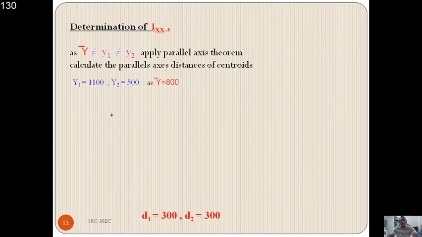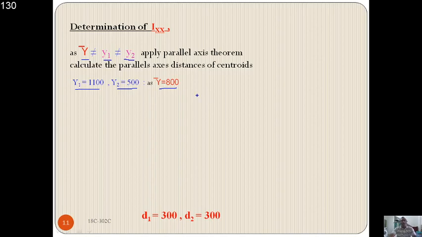Now it is observed that, to determine the Ixx, we conclude that y bar is not equal to y1 and not equal to y2, because y1 is 1100, y2 is 500 and y bar is 800.